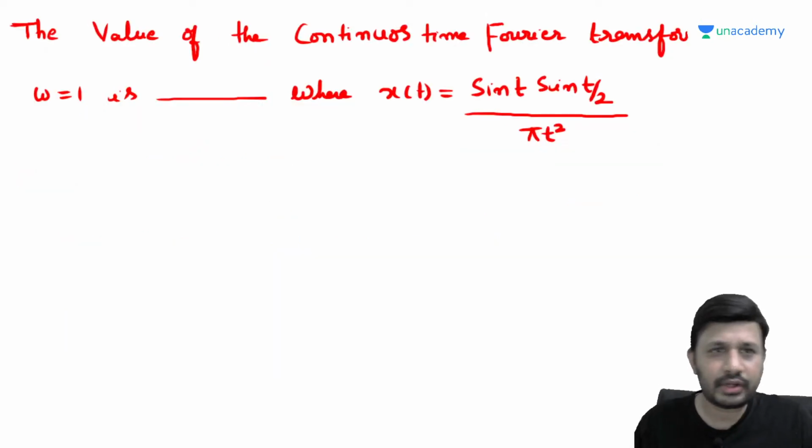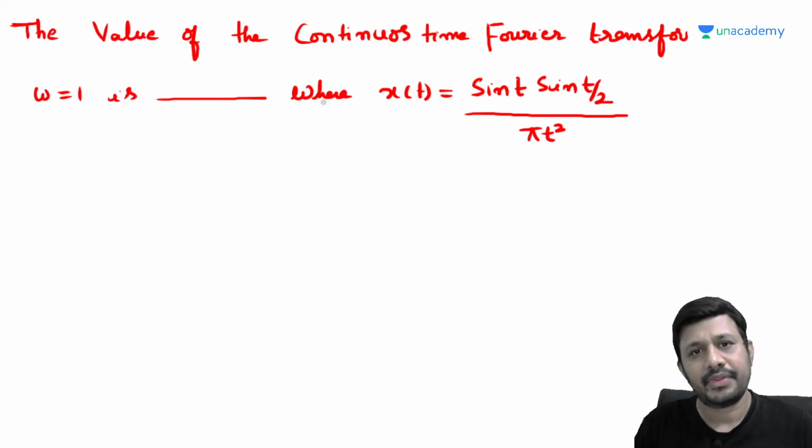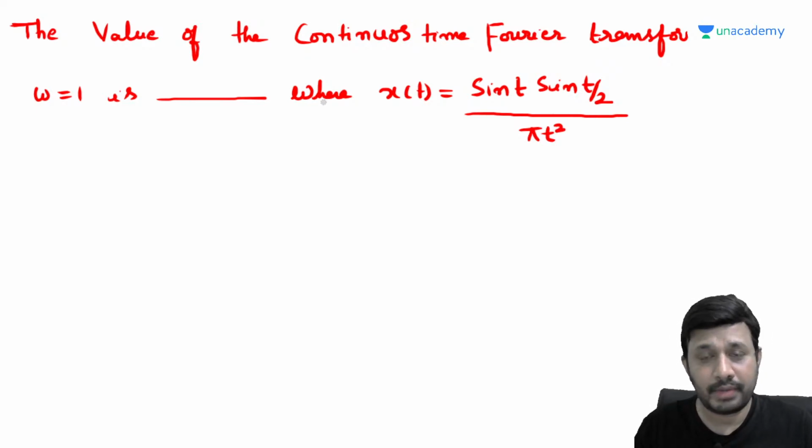Now come on, try to solve this one. The value of the continuous time Fourier transform at omega equal to 1 is how much, where x of t is the signal given. He is asking us to calculate the value of the Fourier transform at omega equal to 1. Let me tell you, see the questions we are doing, lots of concepts will come.